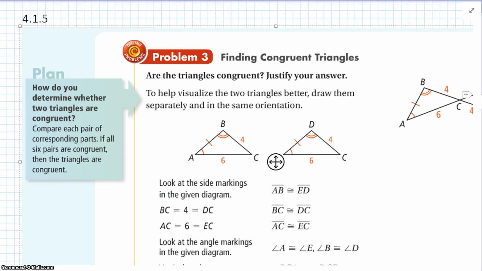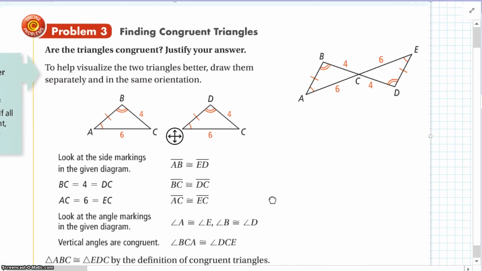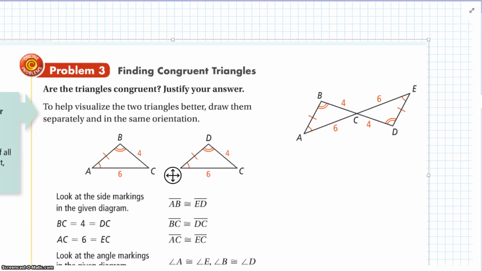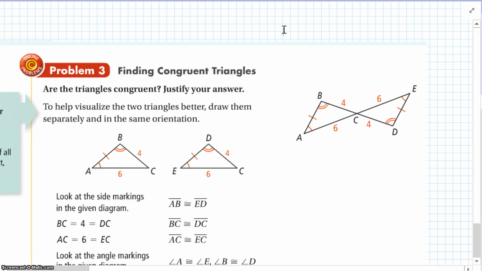Next example. Finding congruent triangles. All right. Are the triangles congruent? Justify your answer. Okay, so I have, let's look. Angle B is congruent to D. All right.